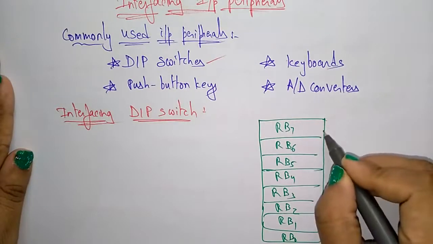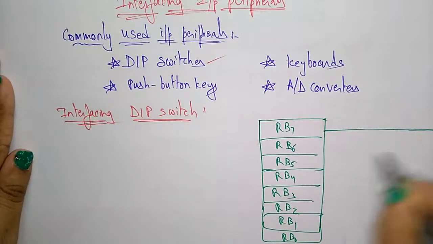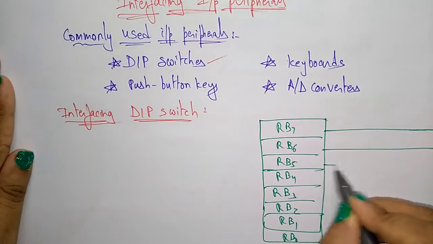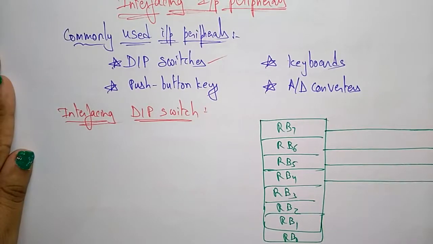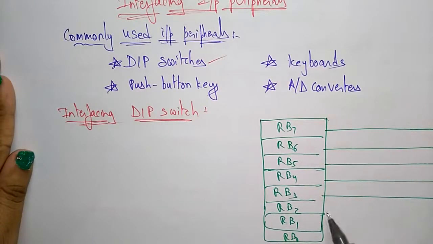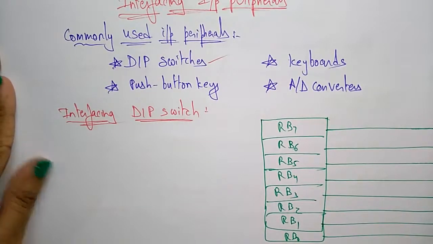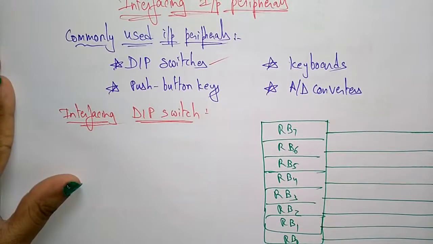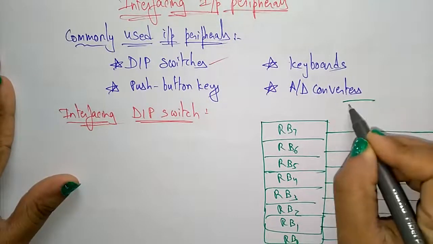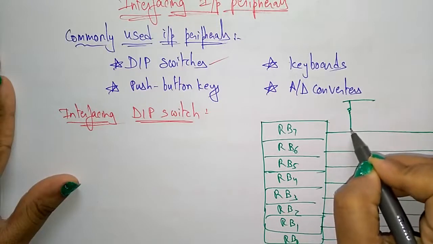Here we are connecting the DIP switch to this port. So all should be connected to the ground, and we are giving the supply.